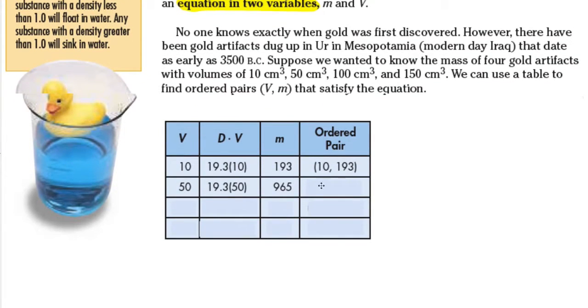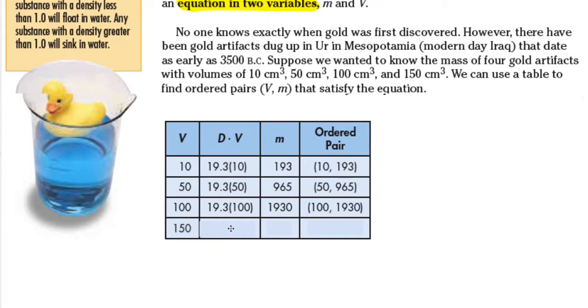So our ordered pair is (50, 965), which means that for every 50 cubic centimeters, we will have 965 grams of gold. We use 100, use the formula, and end up with the ordered pair (100, 1930). For every volume of 100 cubic centimeters, the mass of gold will be 1930.